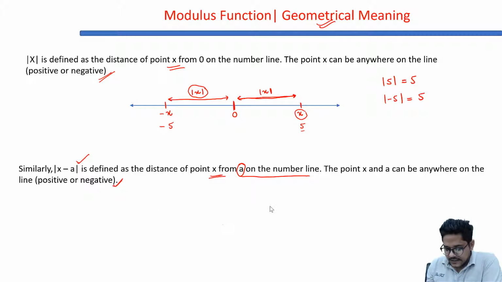Let's see what exactly it means. So let's suppose we have a number line and point a is somewhere over here and x over here on the right hand side of a, then this distance is nothing but modulus of x minus a. Now let's suppose if x is over here in the other case, then this distance again would be the modulus of x minus a. Okay, so this is how it is.